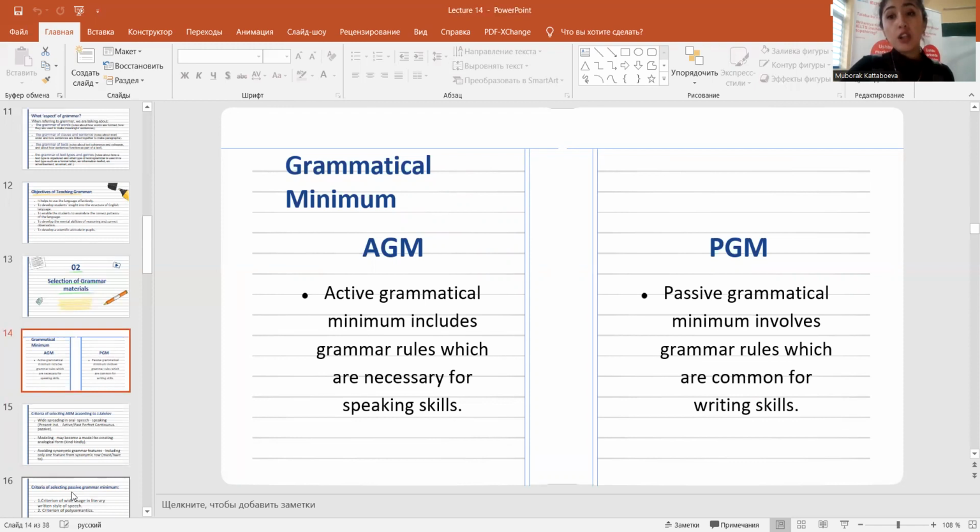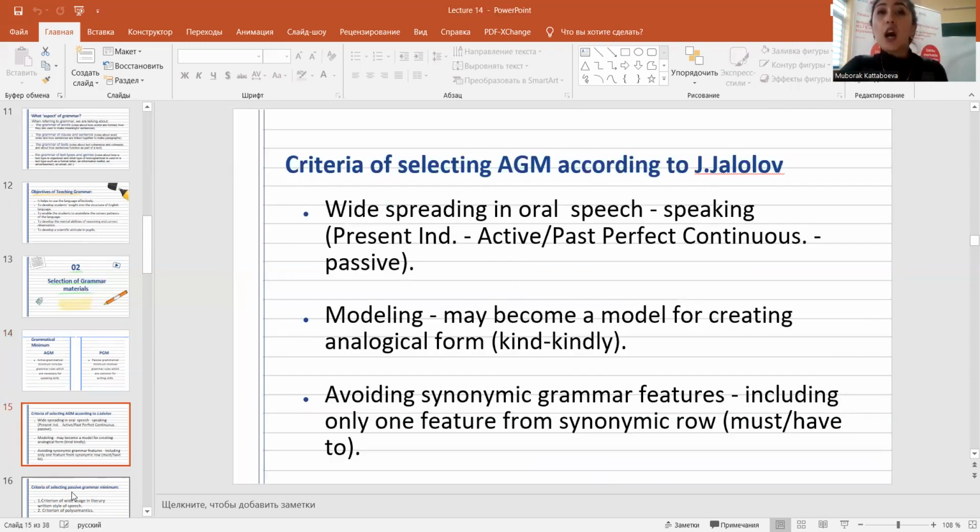And passive grammatical minimum involves grammar rules which are common for writing skills and which are passively acquired, which are understood and comprehended, but not actively used in speech.